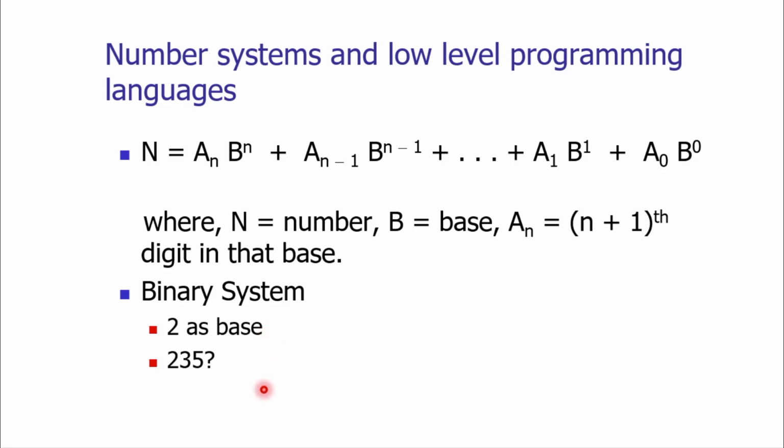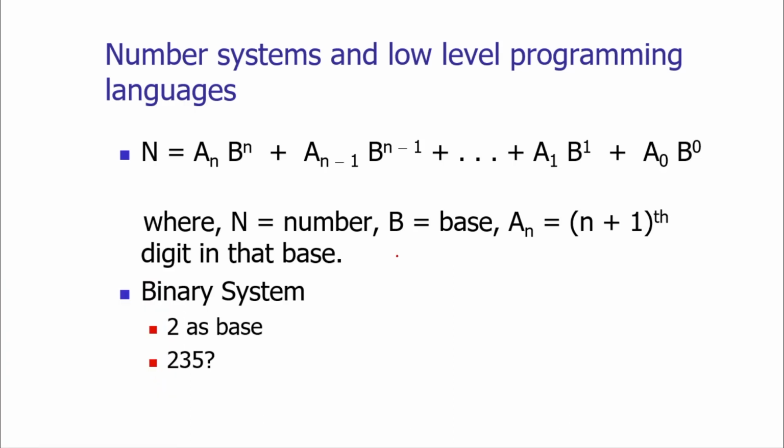Now let us try to find out the binary representation of the number 235. This is just a revision. Most of you may know about the conversion of decimal to the binary system, so let us find out how we can convert.